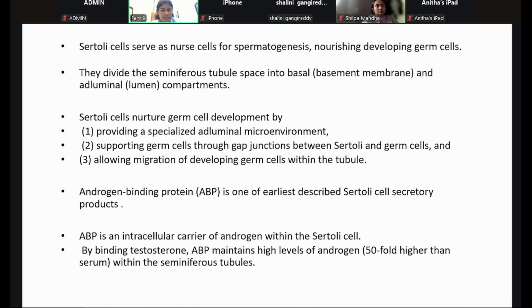And then these Sertoli cells also release an androgen binding protein which has the capacity to bind androgen at a concentration 50-fold higher than the serum. So this testis will be highly concentrated with testosterone because of this androgen binding protein. So it will be rich in testosterone, which helps in spermatogenesis.